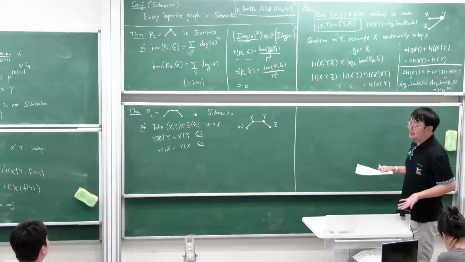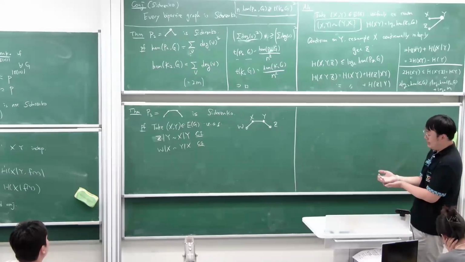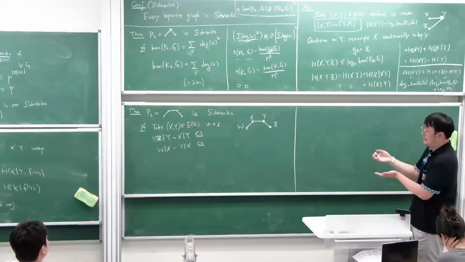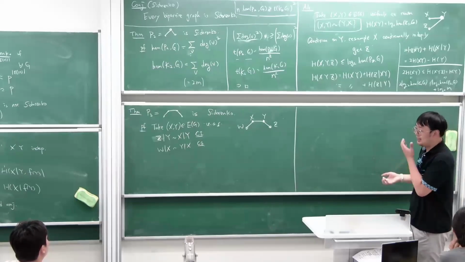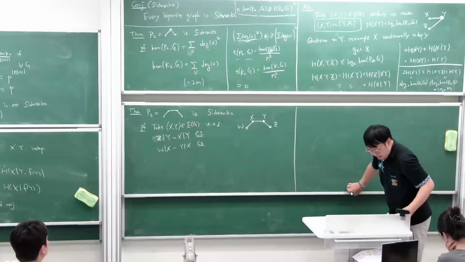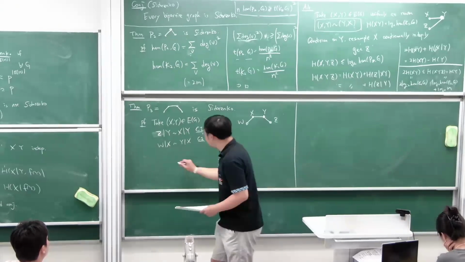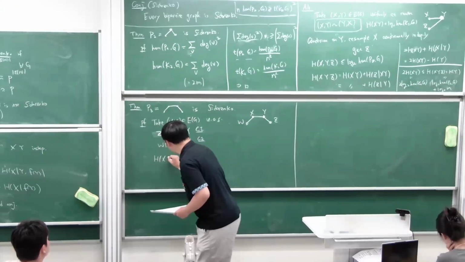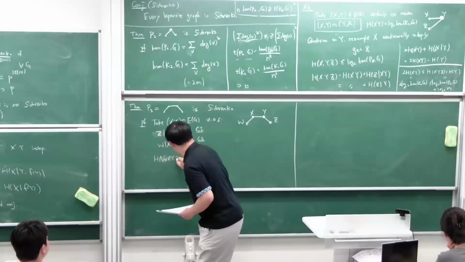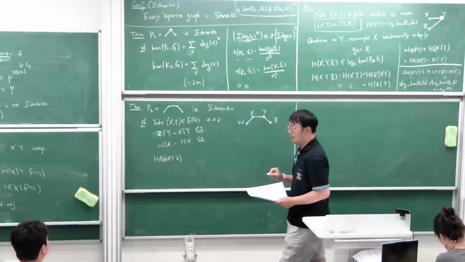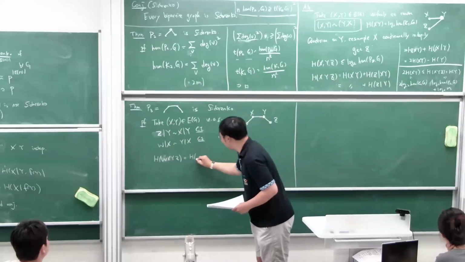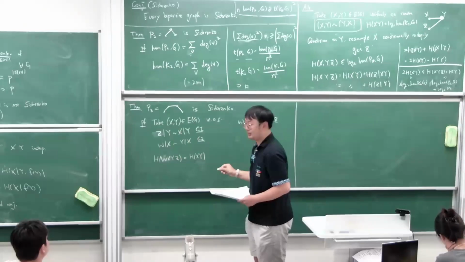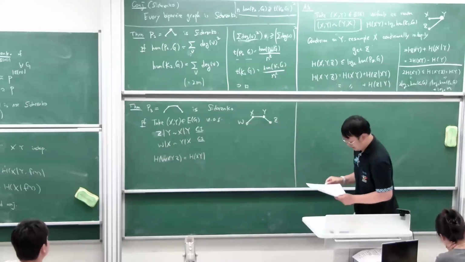So now you see a P3, the remaining task is to really compute the entropy of that and see if it is indeed lower bounded by the entropy of X and Y. So let's try to do the calculation. You want to compute the entropy of the four vertices W, X, Y, Z. Since we started with X and Y, let me put X and Y as the first term of our chain rule.